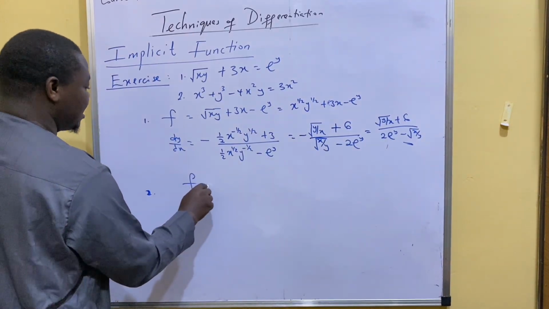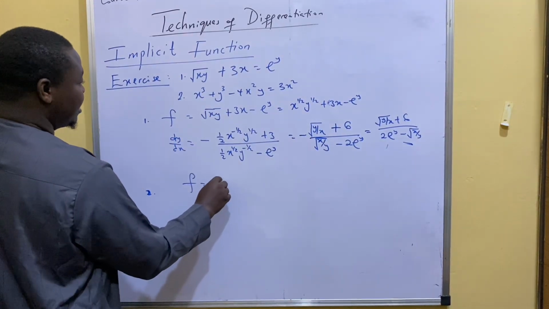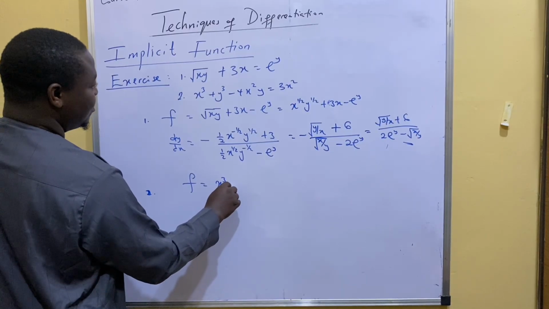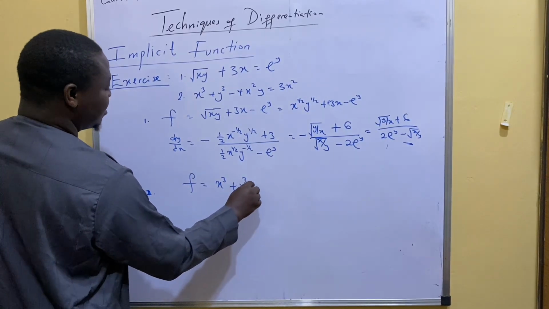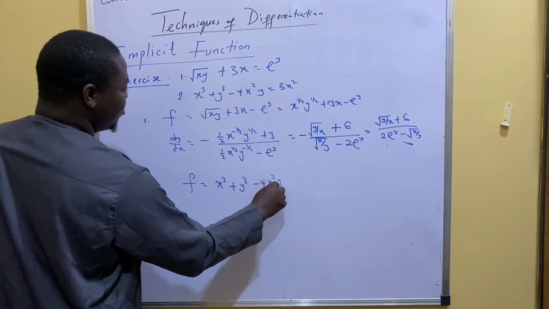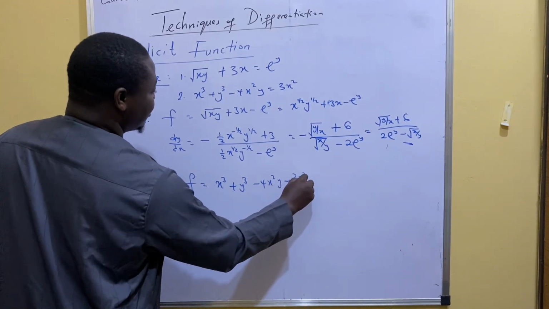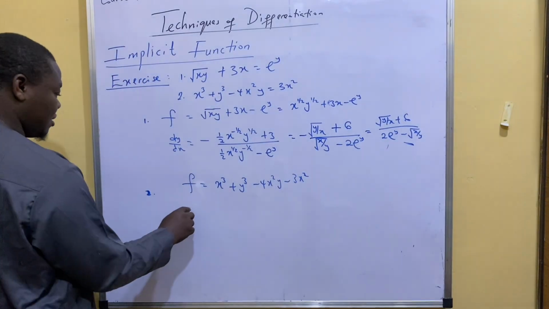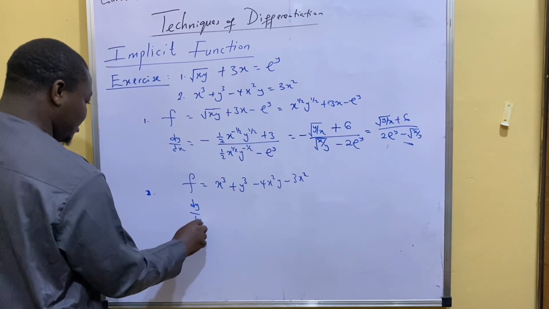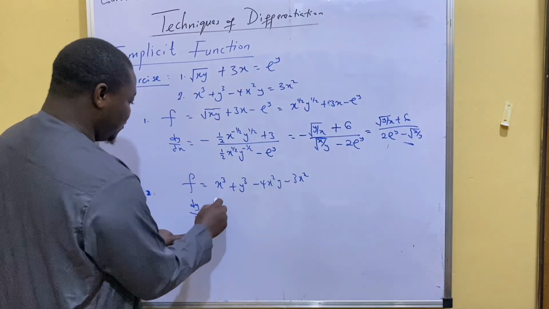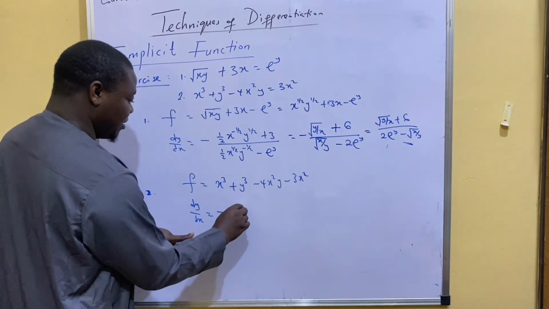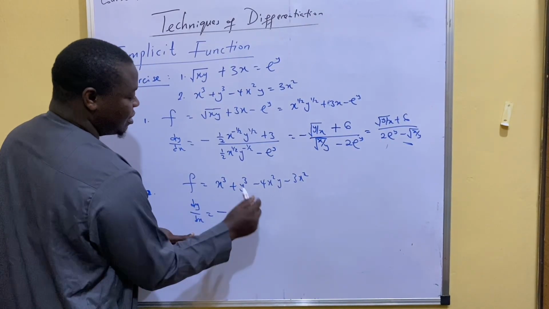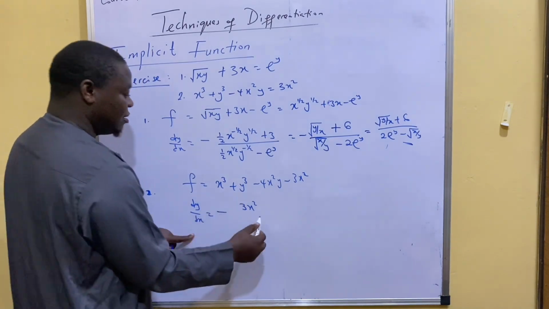So our f in this case will be x cubed plus y cubed minus 4x squared y minus 3x squared. So that dy dx will now be, yeah, minus, then function of x. That will give us 3x squared. This is a constant, right? 0.